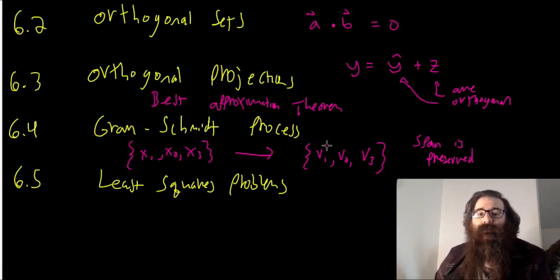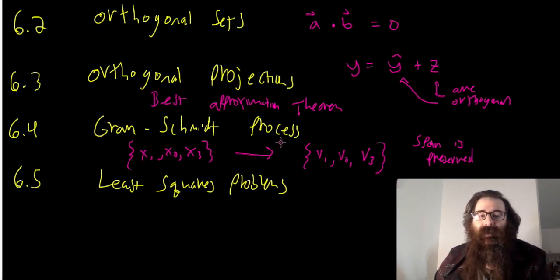So as I'm just building this first vector, if I were to think about the sets with their first vectors only, span is preserved. But then as I'm working with a set of 2 vectors and building my 2 vectors, the span is still preserved. And then when I move on to that third vector, the span is still preserved. So every step along the way, we are preserving span. And we're now getting this orthogonal basis to work with, which is wonderful.